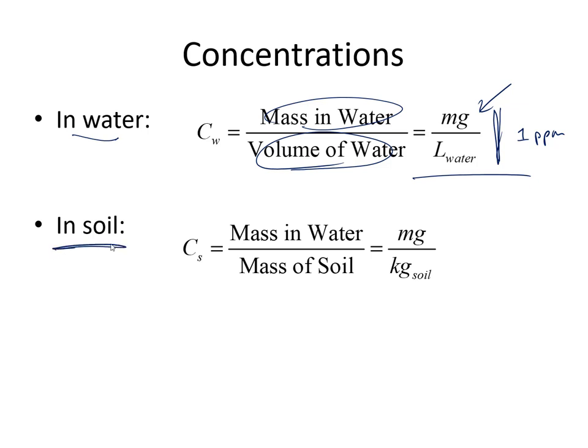But if we have concentrations in soil, then a common way to express that is the concentration of the contaminant in milligrams per kilogram of soil. So the ratio is mass of a contaminant per mass of solid soil, and we get a concentration of milligrams per kilogram.